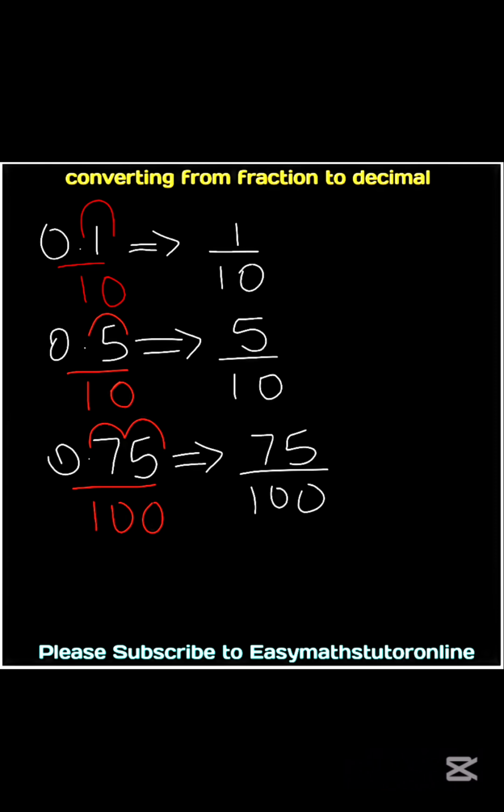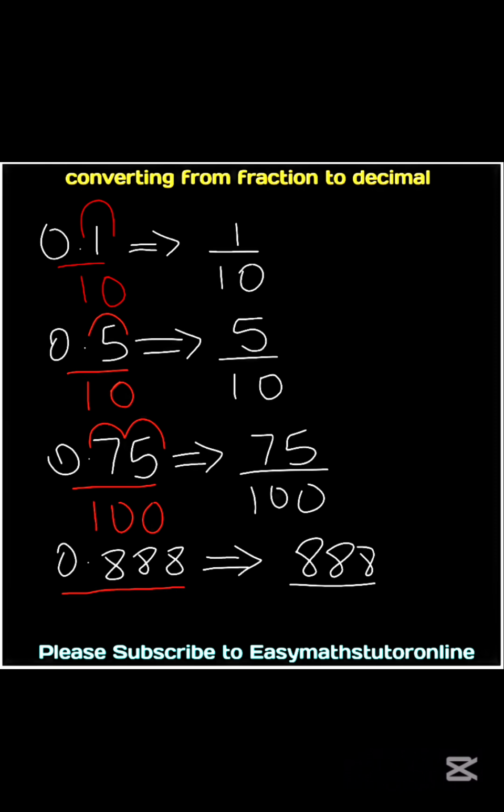So if you're converting between fractions and decimals, just know that it has to do with denominators being in units of 10. Another example, 0.888 gives us 888 all over. What will be our denominator?